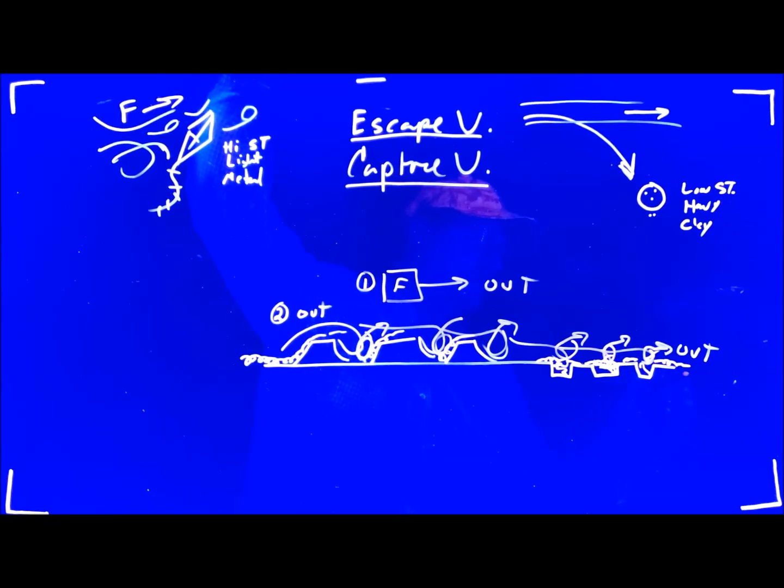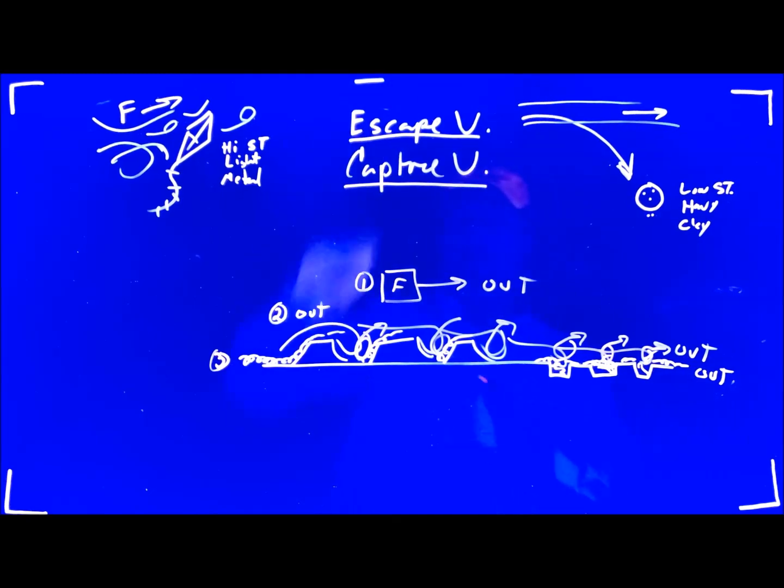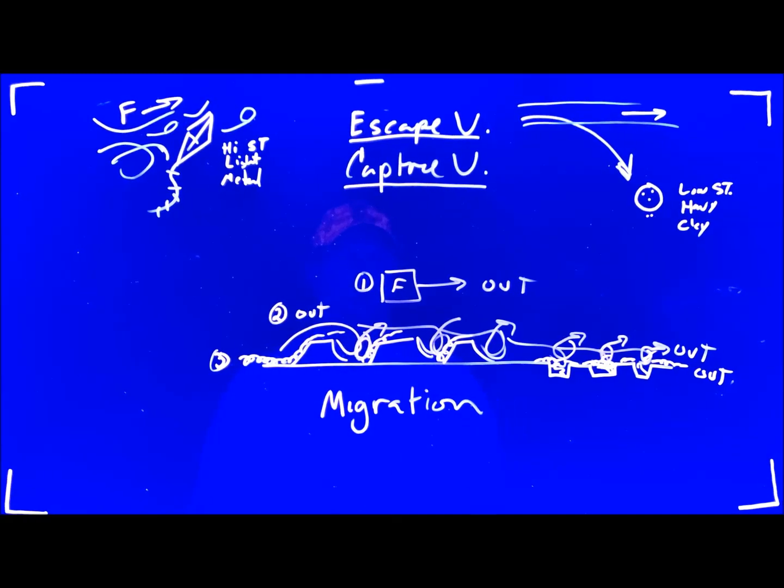Secondary boundary layer, our third flow, is all going out. So we're going to agree that all this going out, we're going to give finally a label. We're going to land that plane. We're going to call this migration.